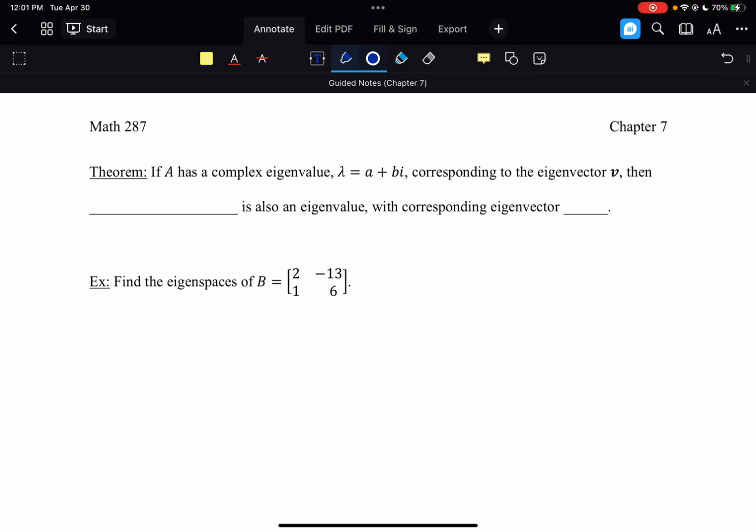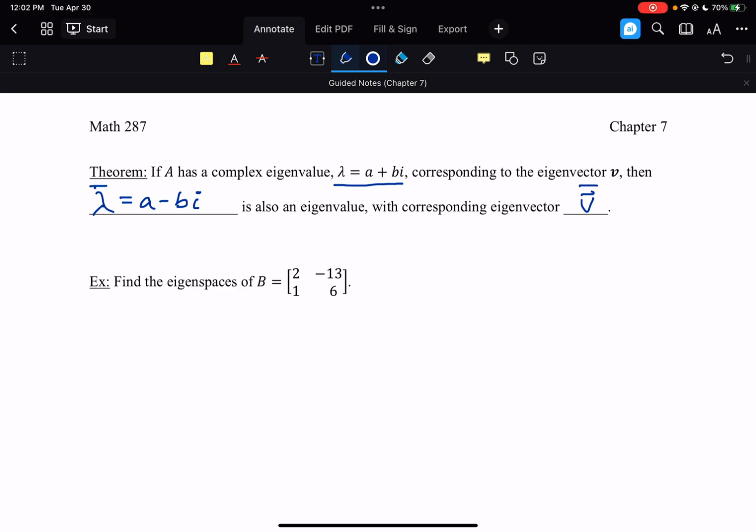So if A has a complex eigenvalue, that's a plus bi for lambda, that corresponds to an eigenvector v, then the complex conjugate a minus bi is also an eigenvalue with corresponding eigenvector v bar.